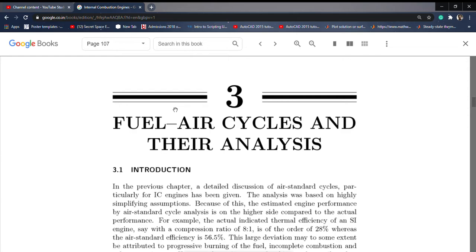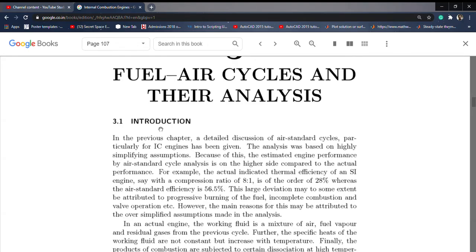We had assumed only air, but in the actual cycle, along with the air, we have fuel. So we will start with the actual cycles with fuel, air cycles and their analysis.